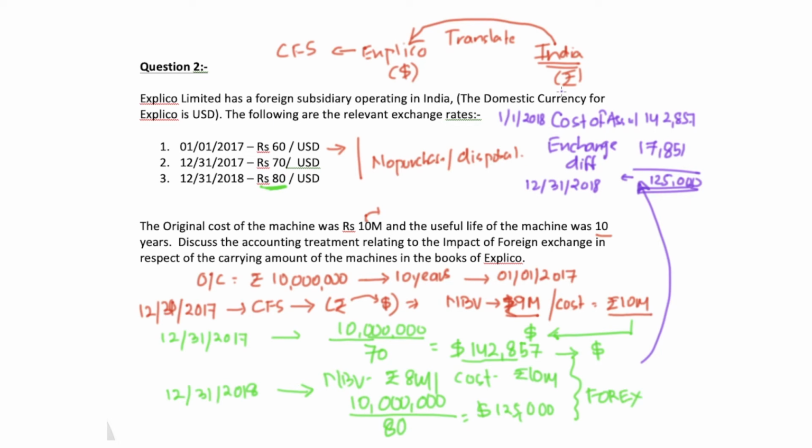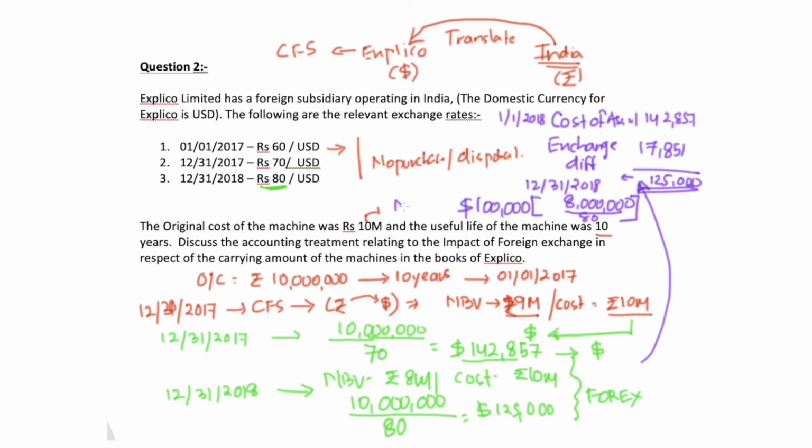So to sum up, the net book value in the books of Explico Limited would be around $100,000. How did I compute it? What's the net book value? 8 million rupee, right? 8 million rupee divided by 80, the exchange rate, rupee per dollar.